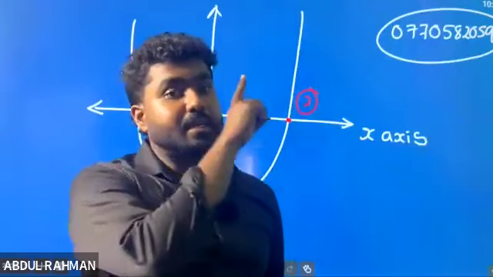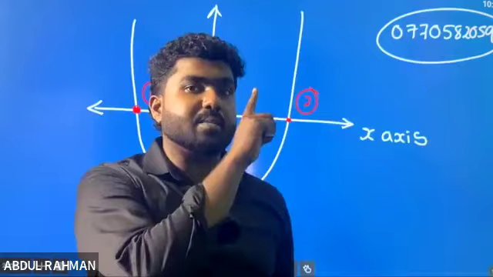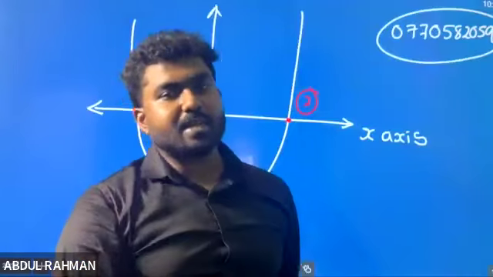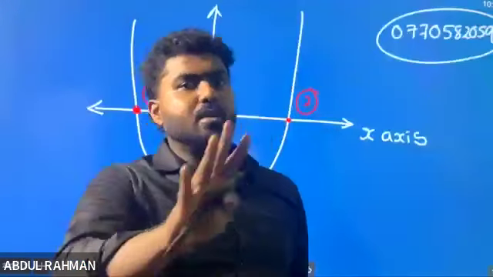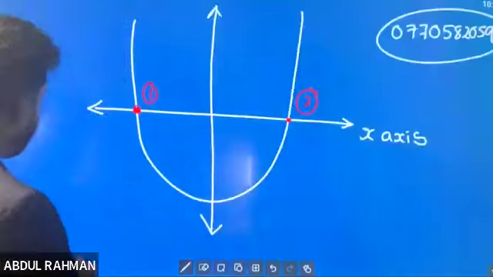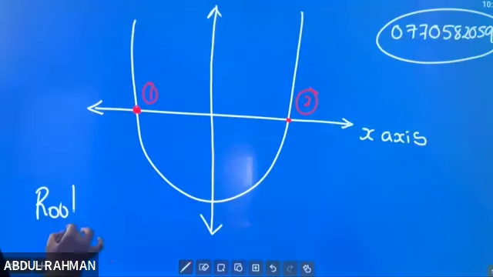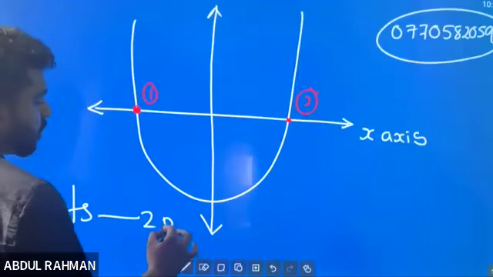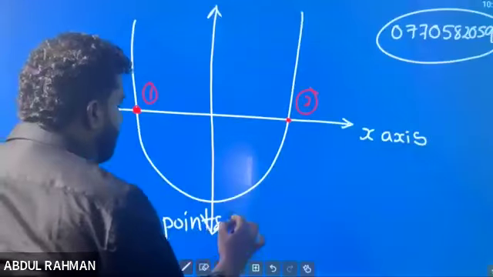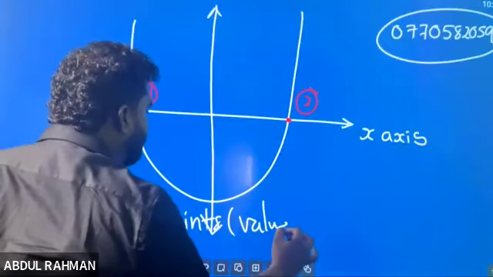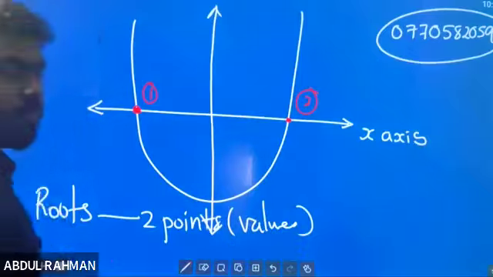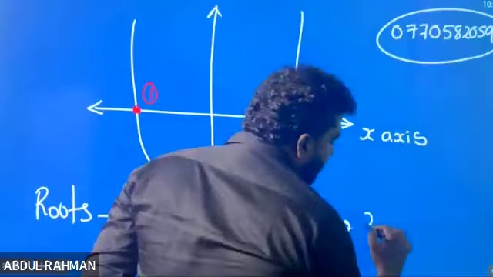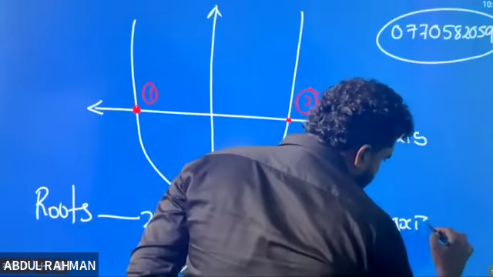Again, I repeat. The gradient intercept cuts the y-axis in a straight line, but when it comes to roots, they are the 2 values where the graph will cut the x-axis.